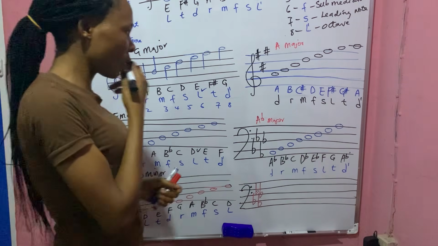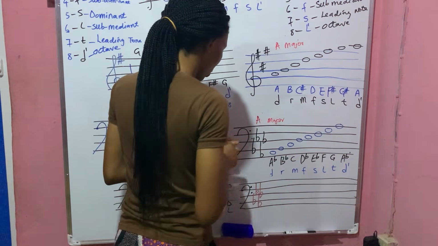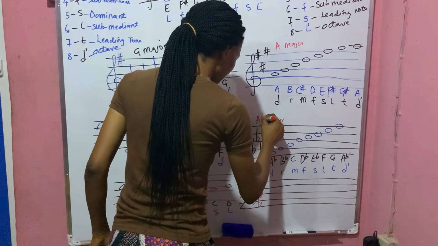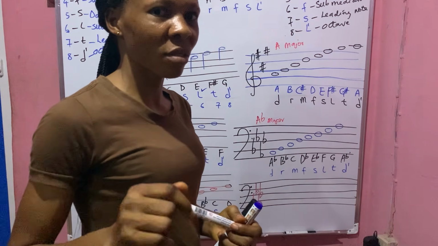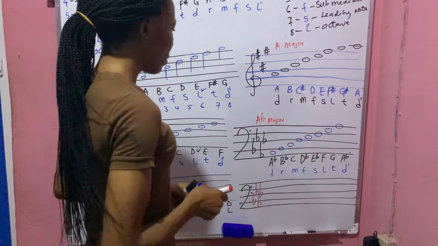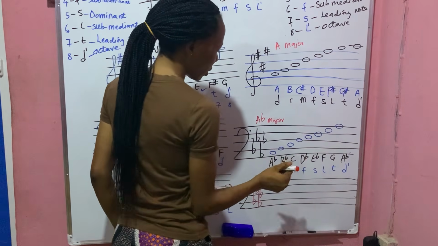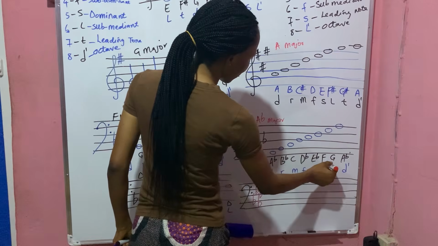So now let's figure out what is the relative minor of A flat major. Can you tell me? 5 seconds. 1, 2, 3, 4, 5. Now, the relative minor of F major, let's do it together. 1, 2, 3, 4, 5, 6.